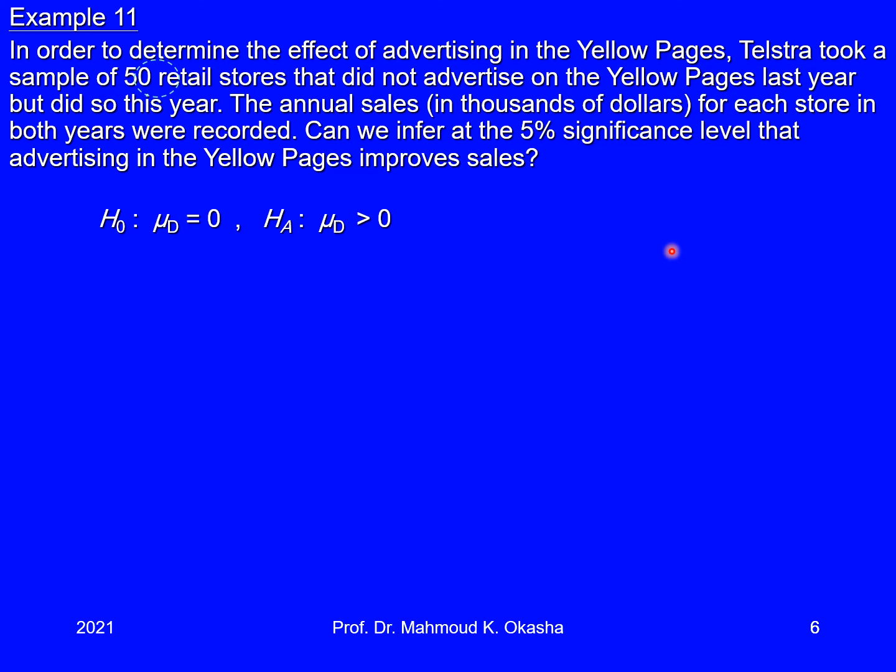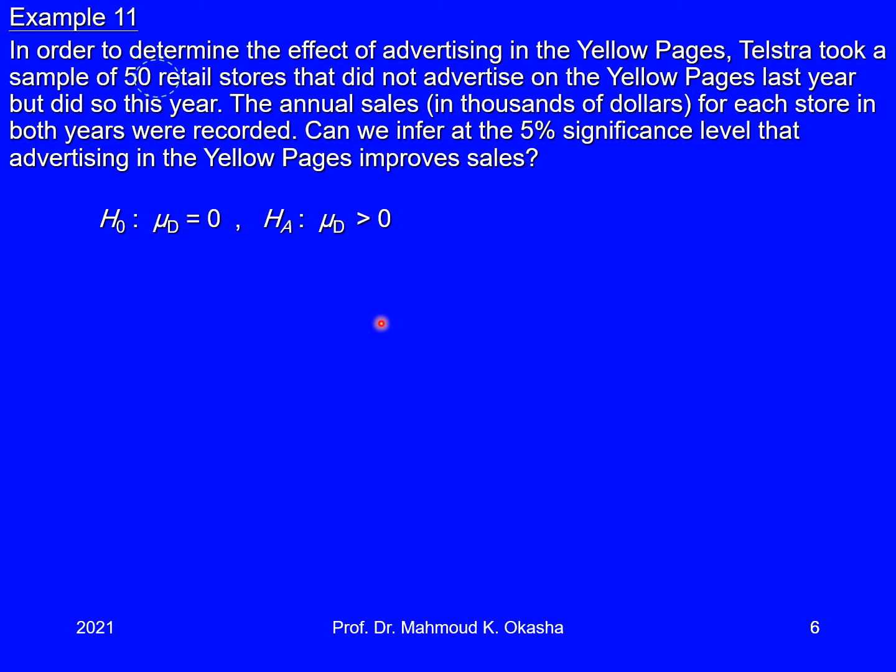So we want to test whether the average sales after advertising is bigger than the average sales before advertising, right? So the alternative hypothesis is that the difference is bigger than zero.